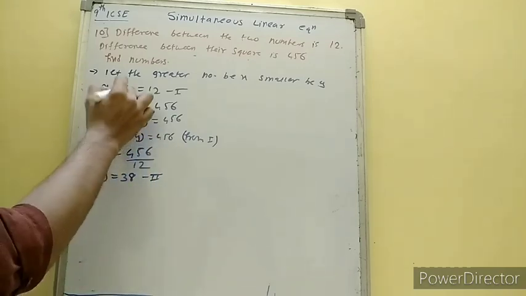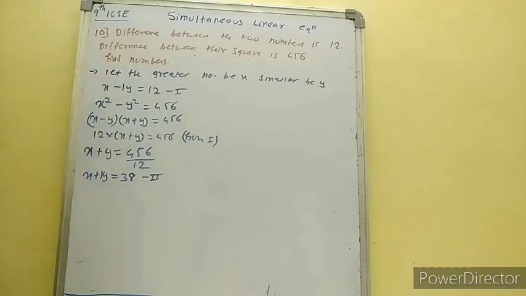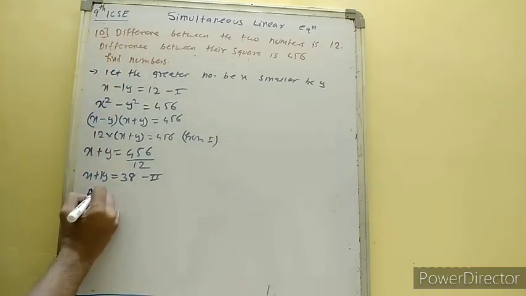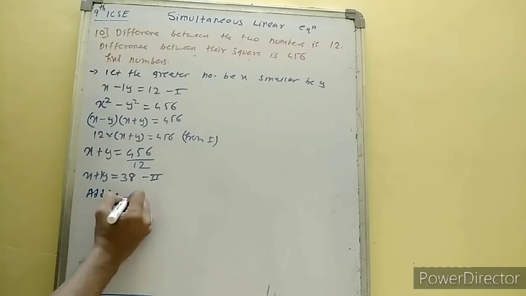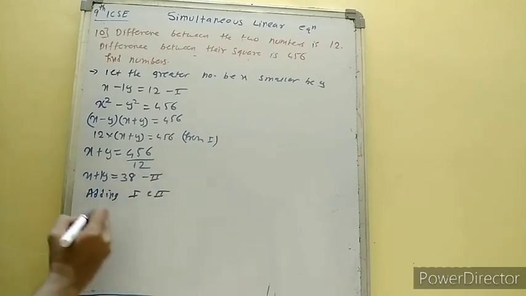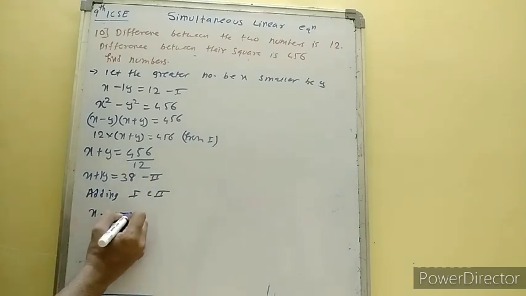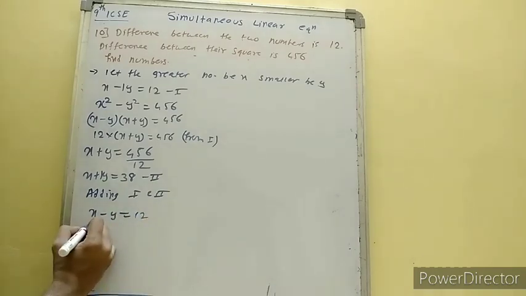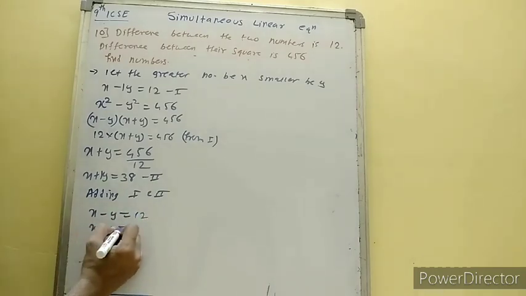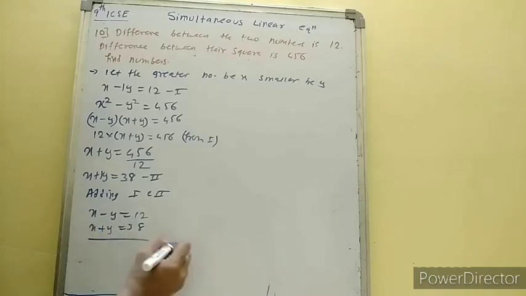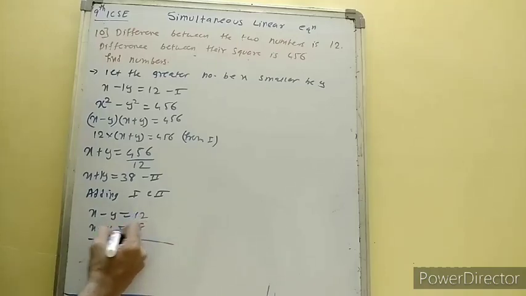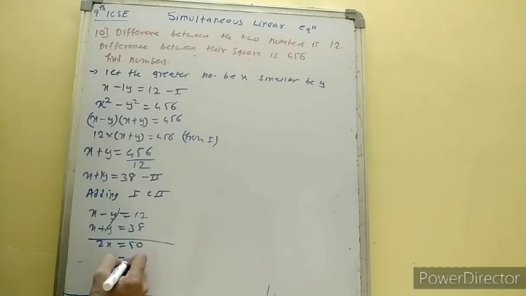We can see minus y in 1 and plus y in 2, so adding 1 and 2: x minus y is 12, equation number 1, and x plus y is equal to 38. This gets cancelled. 2x is equal to 50, so x is equal to 25.